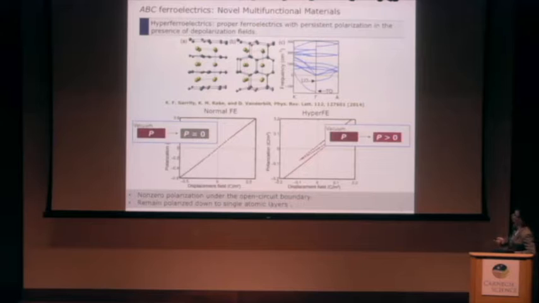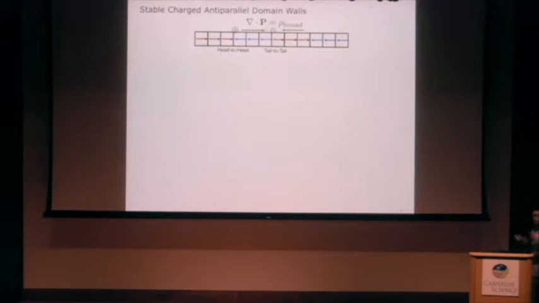We decided to look at the charged domain walls in hyperferroelectrics. In yesterday's presentations, we learned that charged domain walls are actually very rare because of this very strong depolarization field. Whenever we have a pair of head-to-head and tail-to-tail domain walls, we have positive polarization bound charge at the head-to-head domain wall and negative polarization bound charge at the tail-to-tail domain wall.